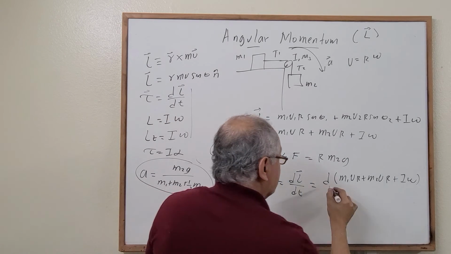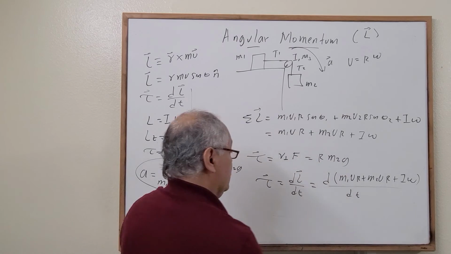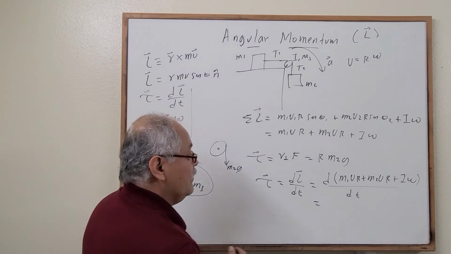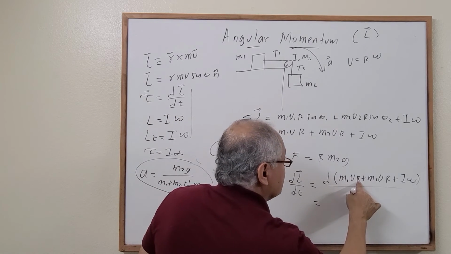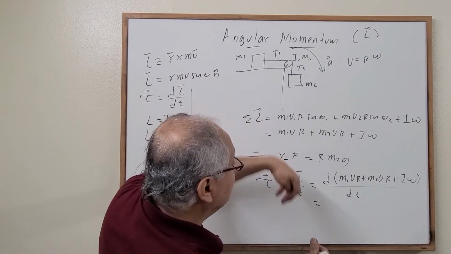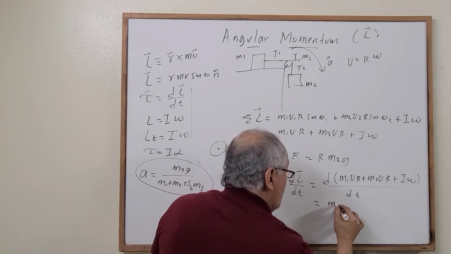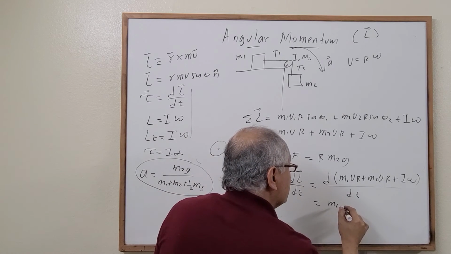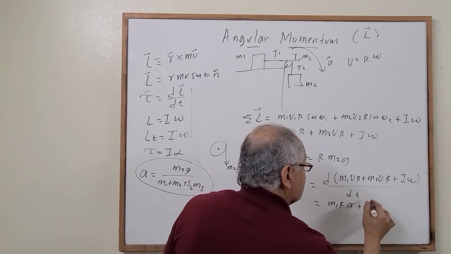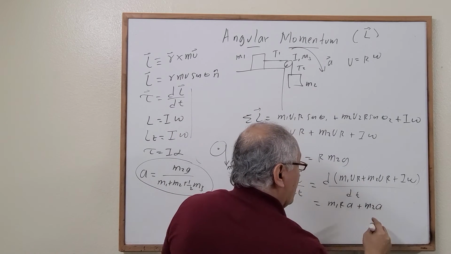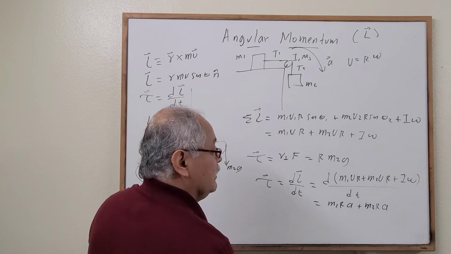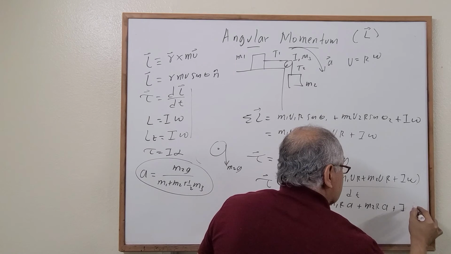The radius is constant, but the velocity is changing, because it's accelerating. So we have m1 times r times acceleration plus m2 times r times acceleration, plus moment of inertia times alpha.